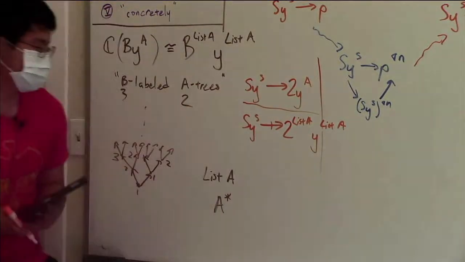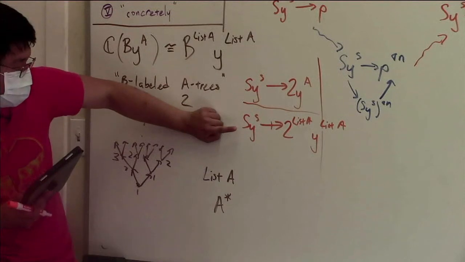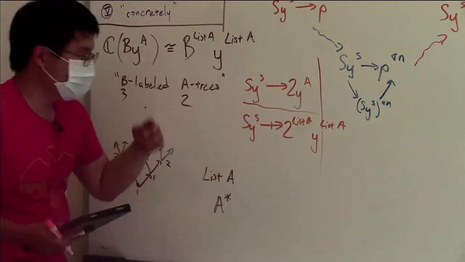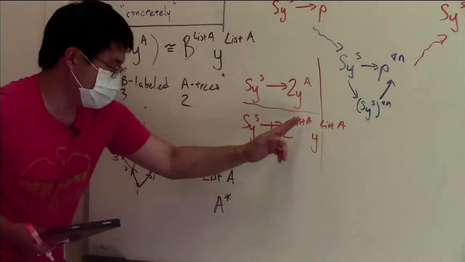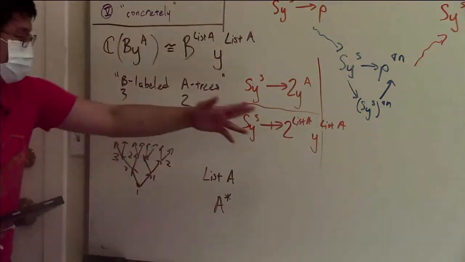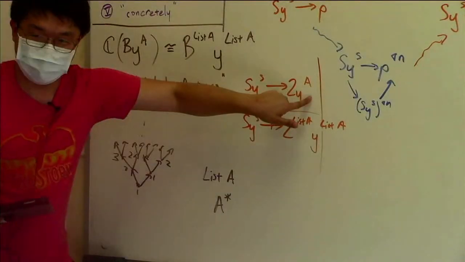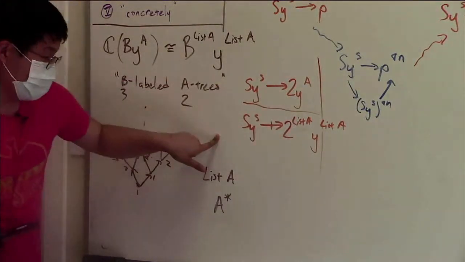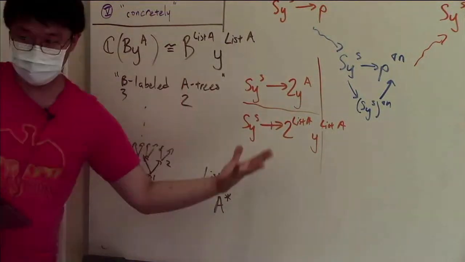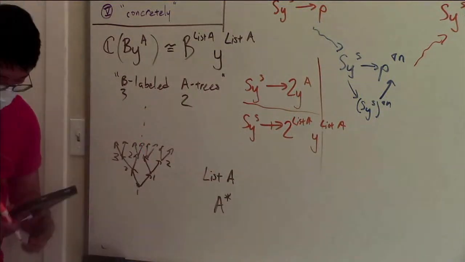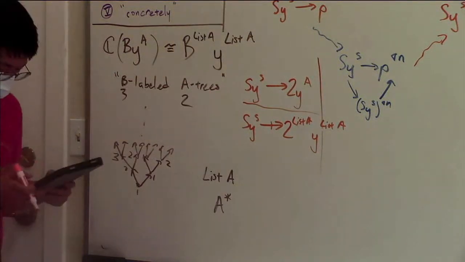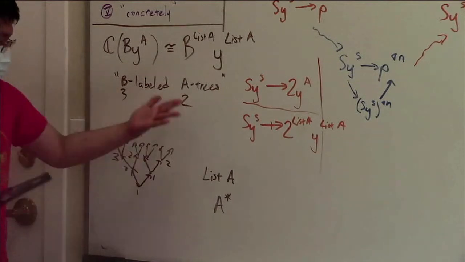It sends each starting state S to an element of 2 to the list A, which is exactly a subset of lists on A. Lists on A you can also think of as words you can make out of the alphabet A. So if we give a start state, this set is exactly the subset of the words that we accept by this automaton. I think that's a neat in-action example of this. Okay, that was a bit of a diversion.